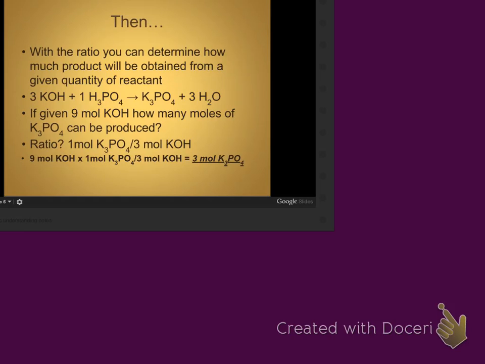This is a factor label. These are factor label setups. So what do you start every factor label ever with? First box. Your given. So our given here is 9 moles of potassium hydroxide.